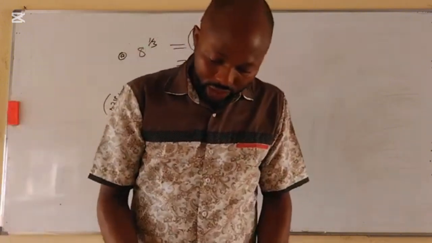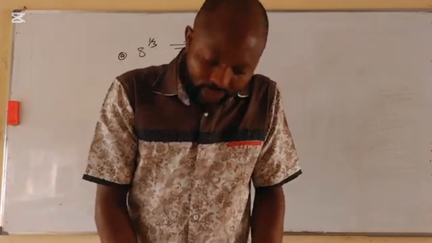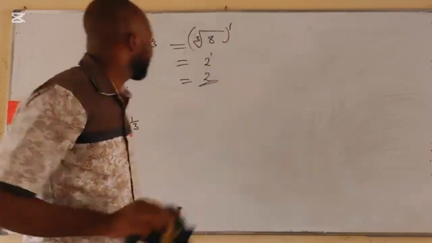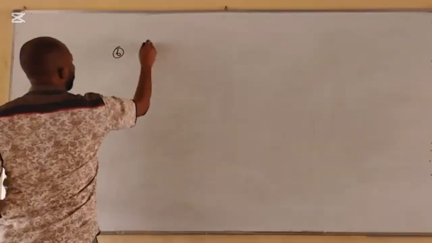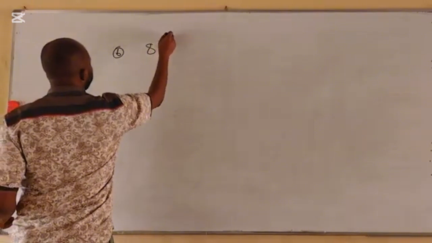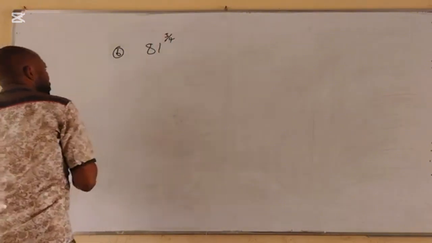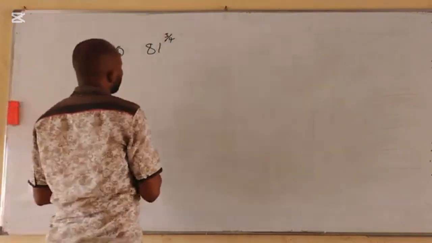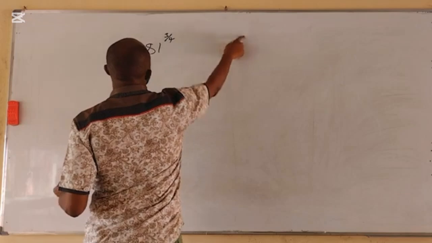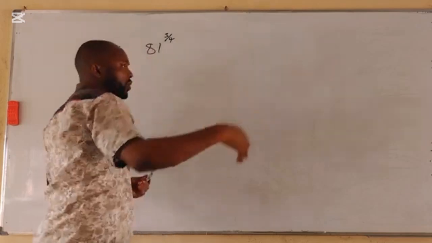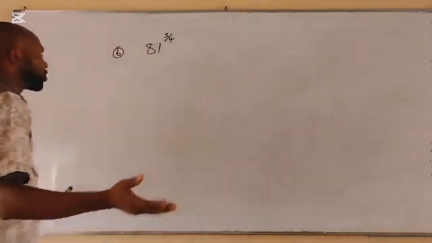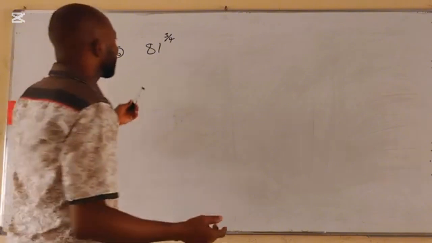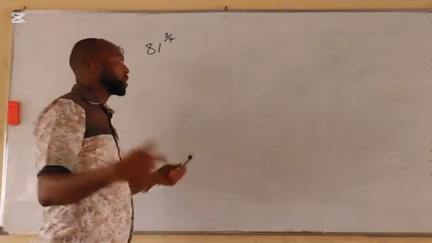Let's take another question. 81 raised to the power 3 over 4. Another approach is just to look for the fourth root of 81 raised to the power 3. You get your answer. But let's assume we do not have a scientific calculator, so we want to solve it using the Powers law.